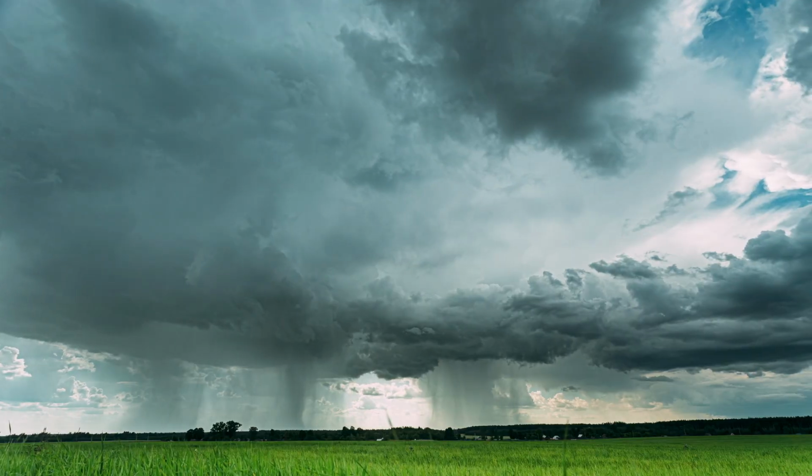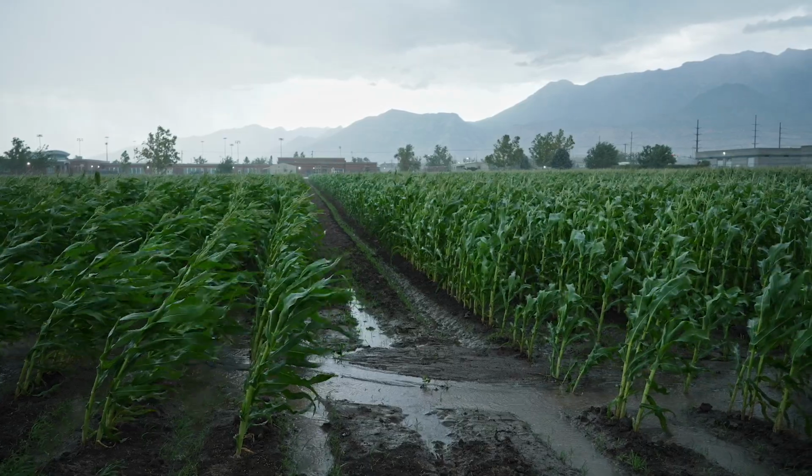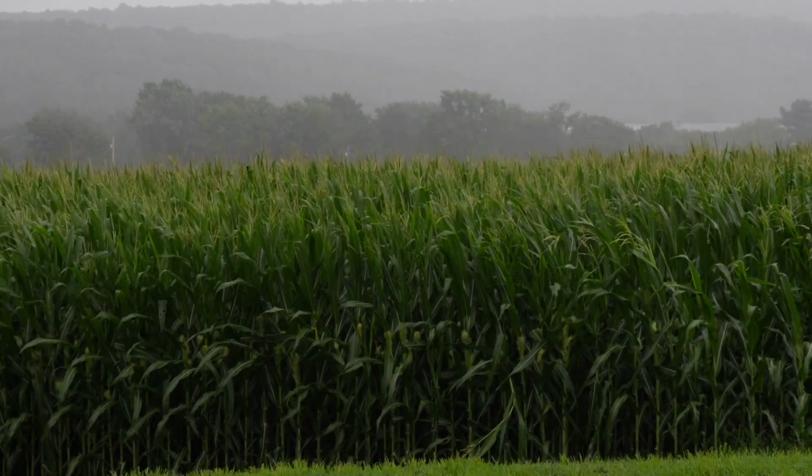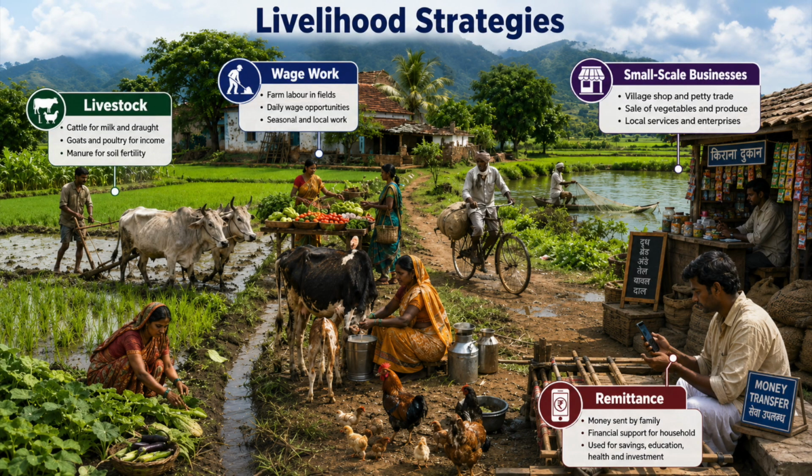Communities with high dependence on one type of livelihood like rain-fed agriculture are at risk compared to those which have diversified sources of livelihood like livestock, wage work, small-scale businesses or remittance. Diversification increases the adaptive capacity since risks are spread across various income streams.